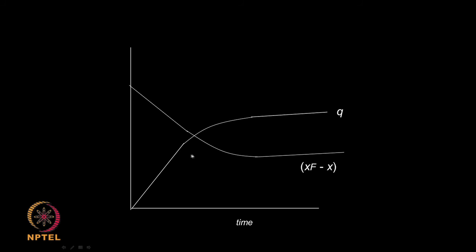Let us not get scared, but see how Q will build up. As the adsorbent keeps taking in solute, or the adsorbate, as a function of time, the concentration on the adsorbent will go up and finally reach saturation. And if you look at the liquid side, that is Xf minus X, it will keep going down and finally that also will reach saturation.